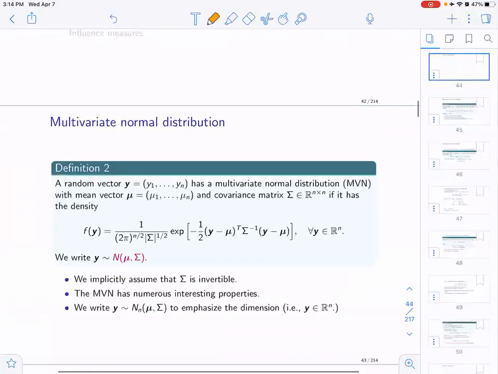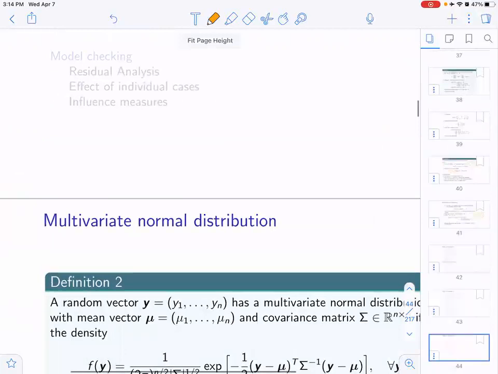Let's say the univariate normal distribution, the PDF is something like this: 1 over root 2 pi times e to the negative x squared divided by 2. So what does this mean?